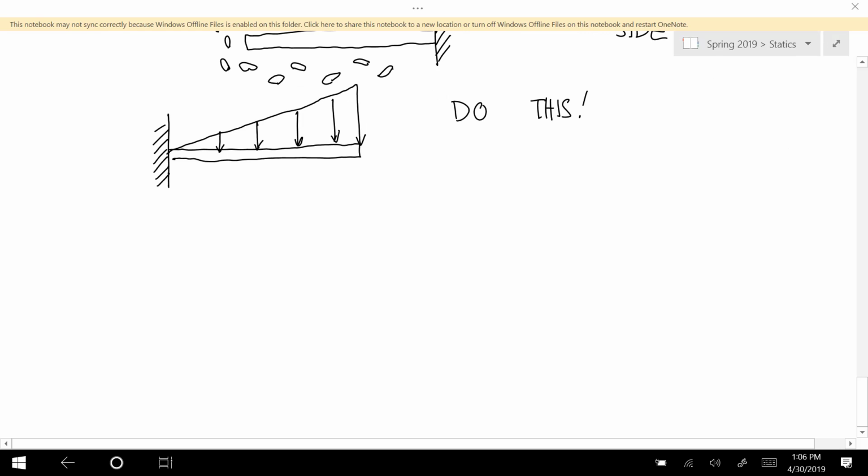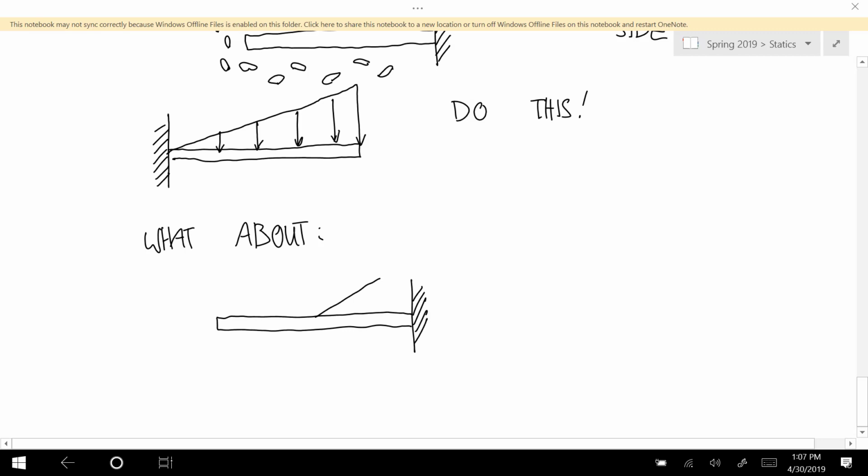So what about this? Let's say you have a cantilever beam. What's the solution for that? That's sort of a pain.